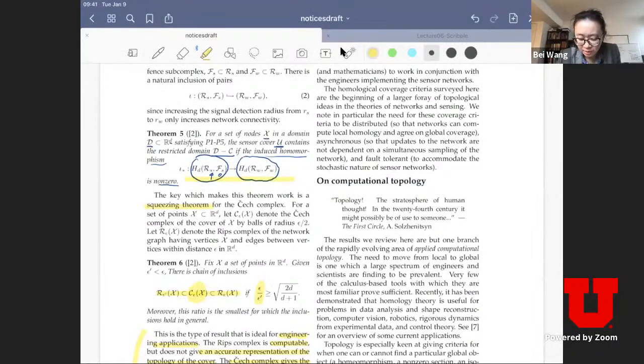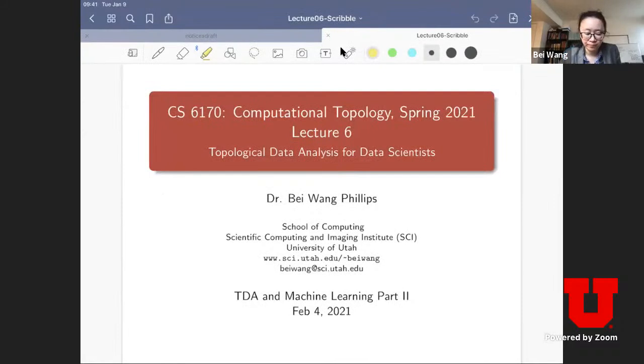All right. So today let's go back to TDA and machine learning. And my point for today's lecture is that deep learning is not only seen in machine learning. Machine learning is such a big field that I want to give a quick high level view of what machine learning is, if you have not taken a machine learning course, but also start having people think about what topology can help with in various machine learning models.